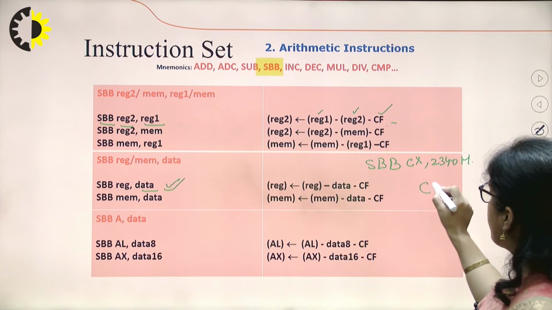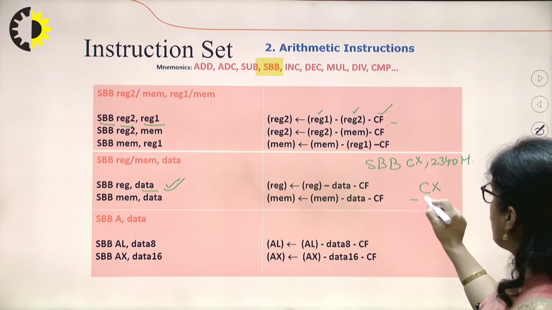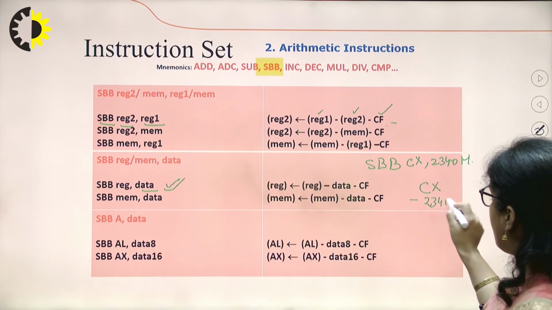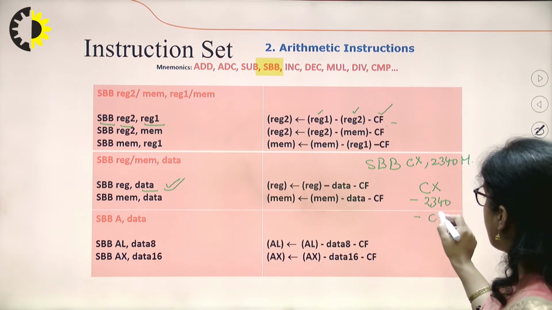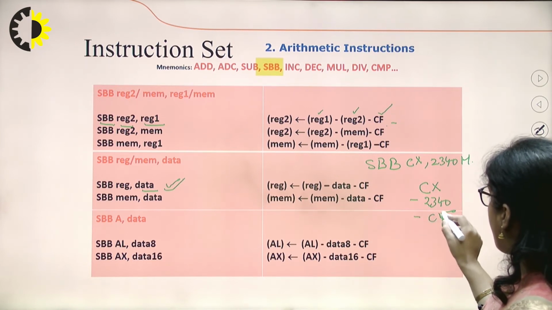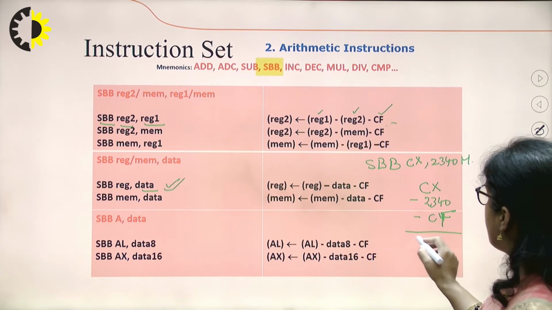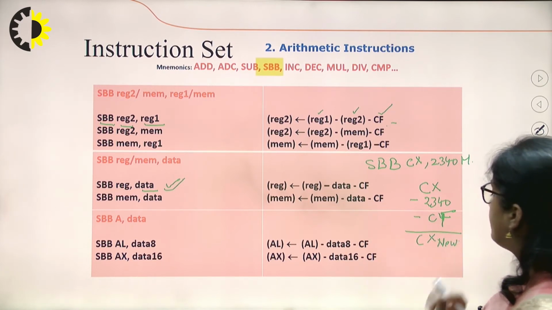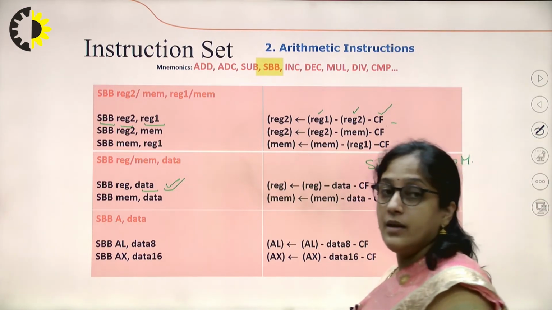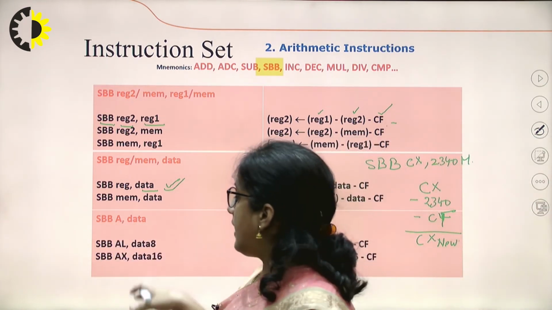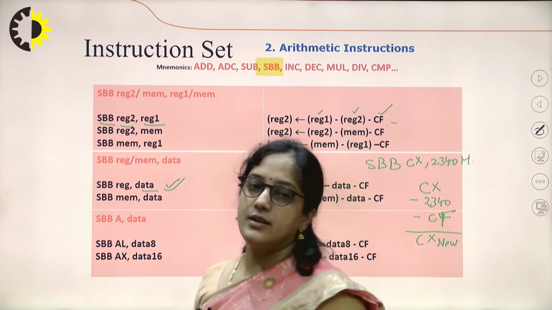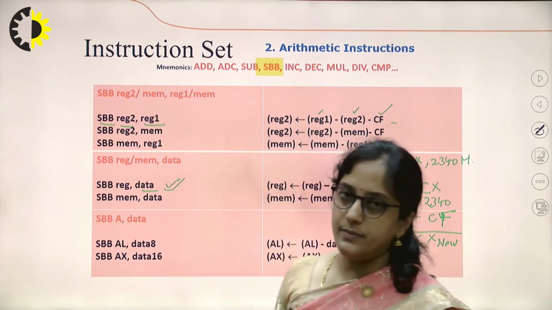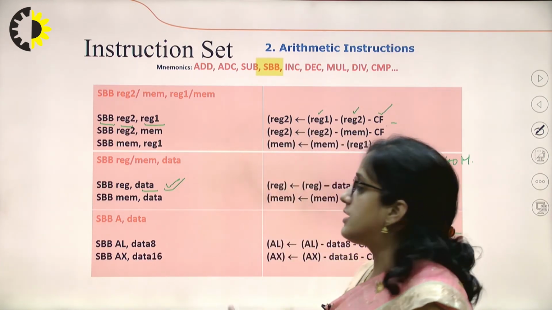The content of CX gets subtracted by this 2340, and the value of the carry flag is also used, and then the result is stored in CX. In case of SBB, AL or DX, here we are considering AL for 8-bit subtraction, AX for 16-bit subtraction.